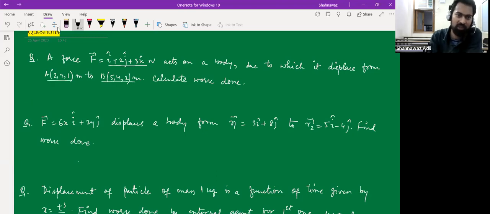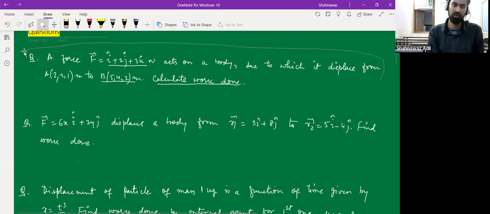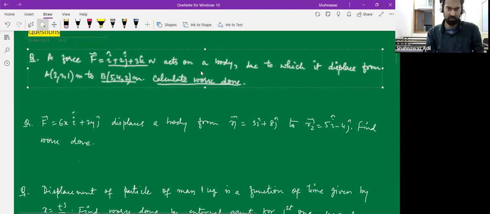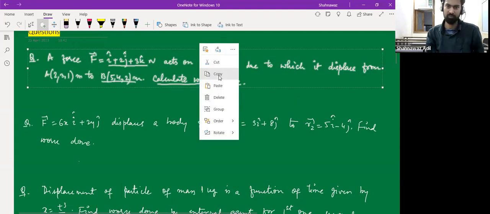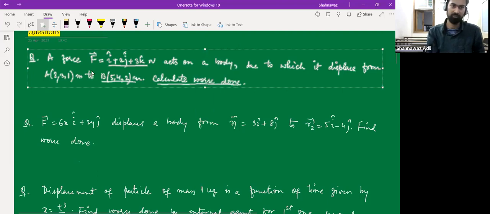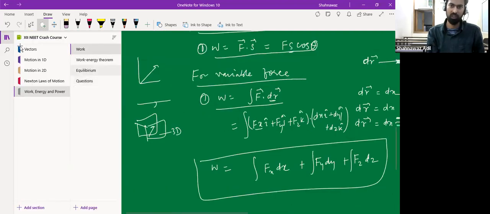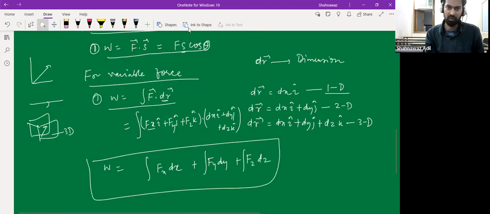So let me copy this. This was 2, 3, 1 and this was 5, 4, 2. And the force is 3i plus 2j plus 3k.